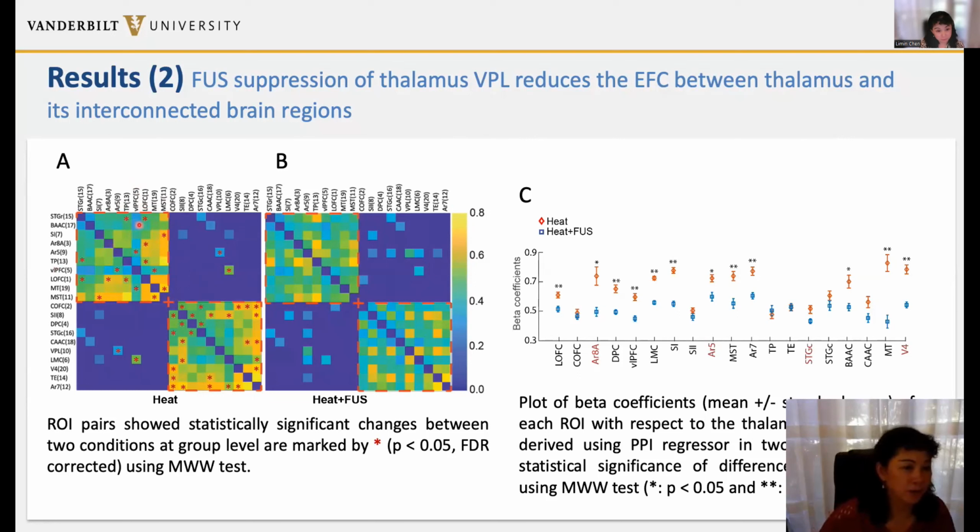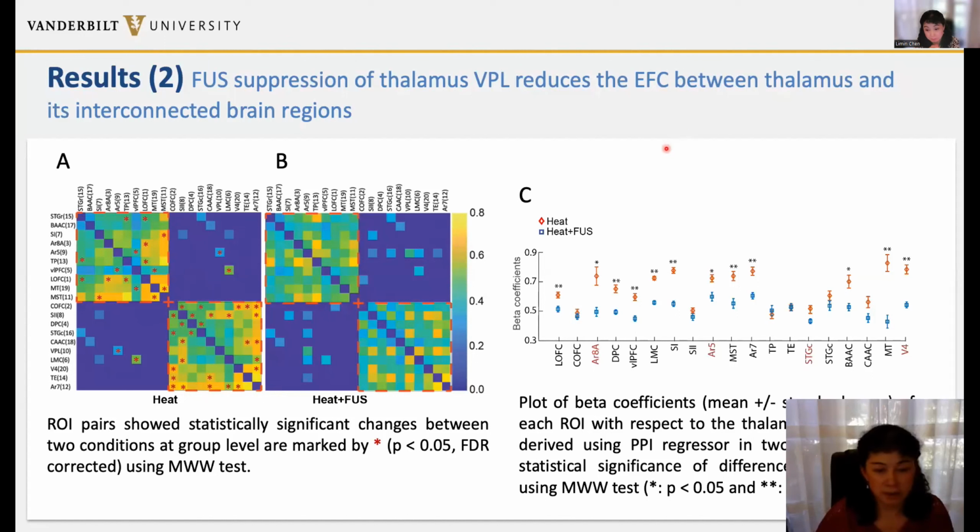See this star region that also shows very significant strong connectivity. When the thalamus painful response was suppressed by FUS, you can see the overall connectivity strength was significantly reduced, even though for some of the pairs, the connectivity may be strengthened.